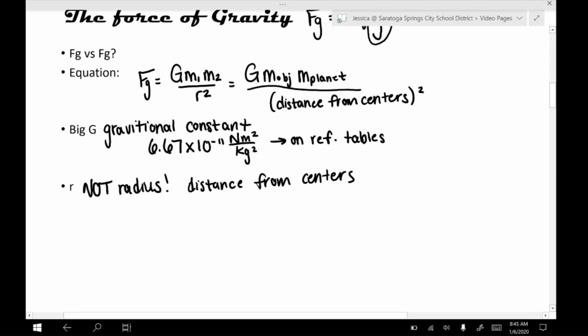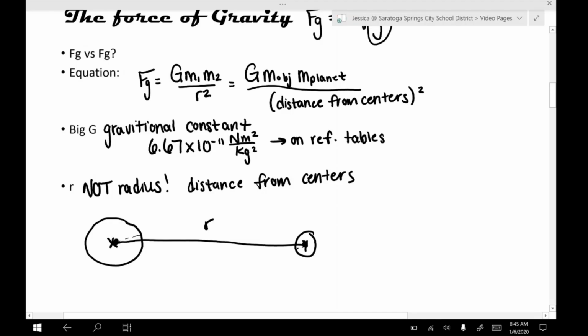Okay, so if I have, let's say, two planets, X and Y, the distance, or the r, that I would need to plug into the equation is not the radius of planet X or the radius of planet Y. Instead, it's the distance between their two centers.